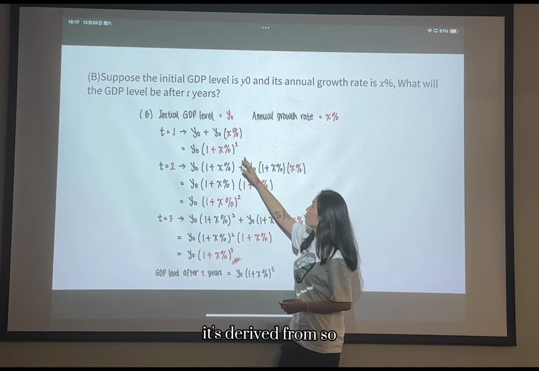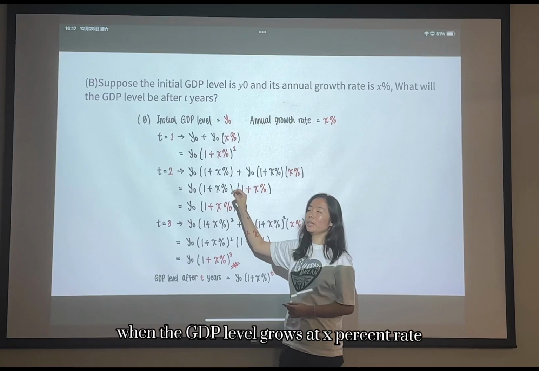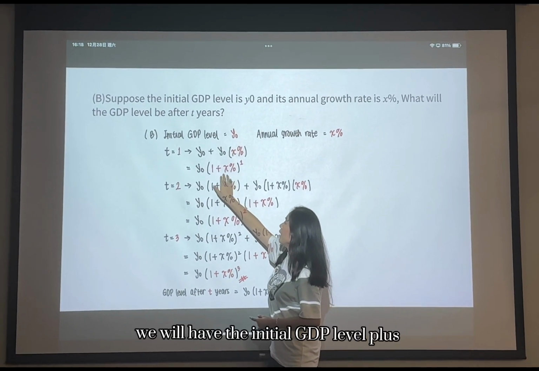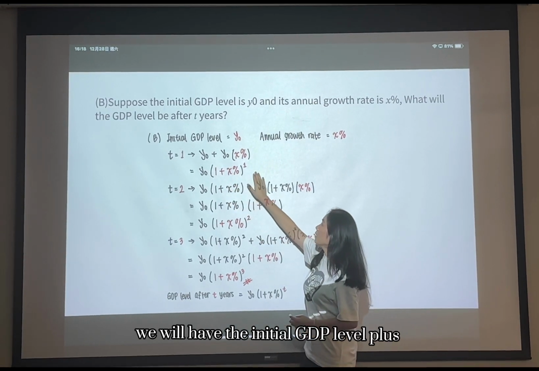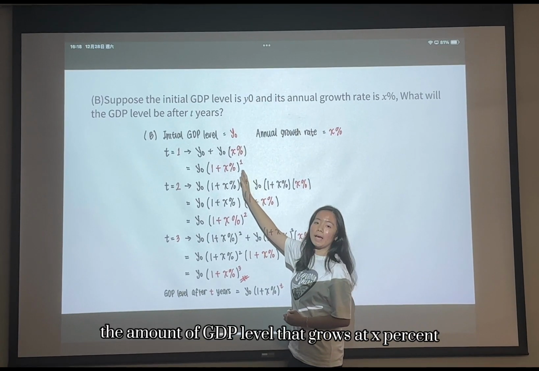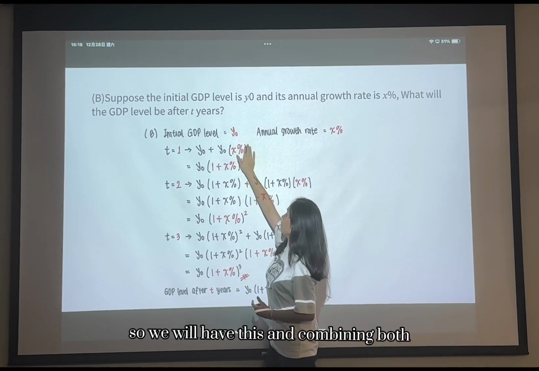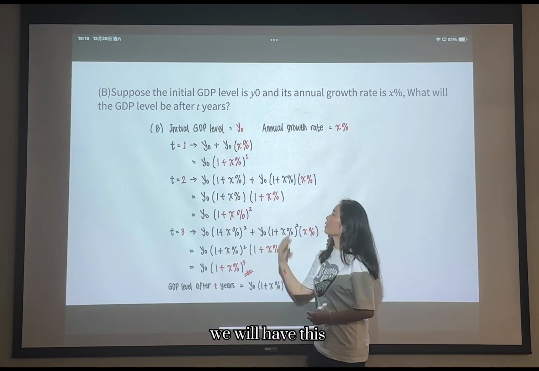It's derived from, so when the GDP level grows at an X% rate, we will have the initial GDP level plus the amount of GDP level that grows at X%. So we will have this. And combining both, we will have this.